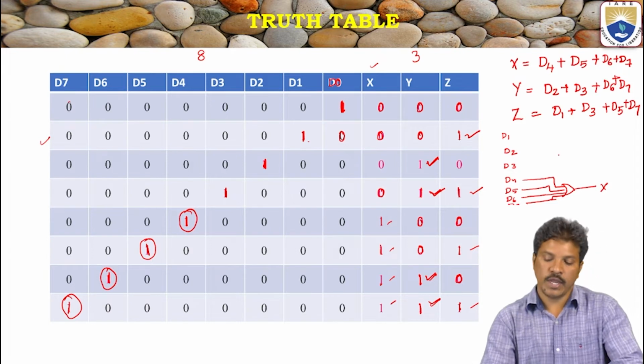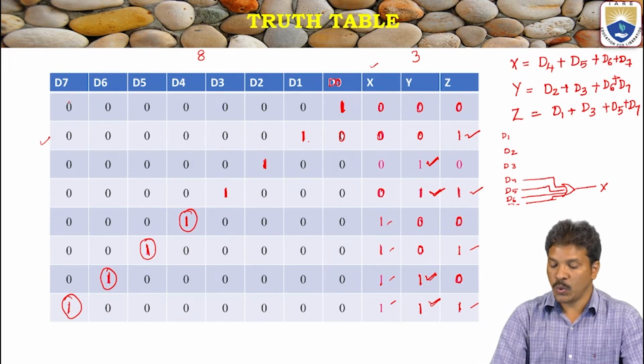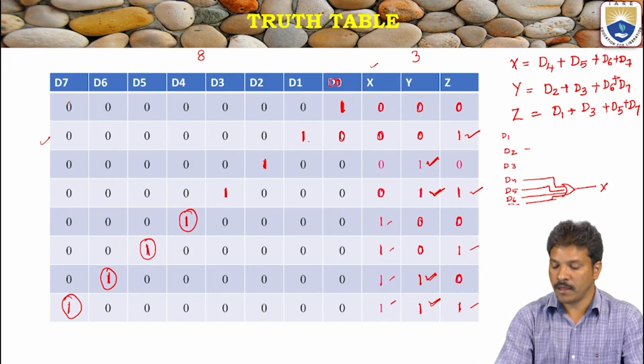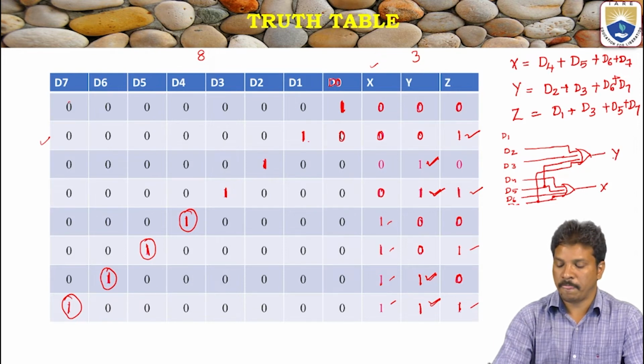D2, D3, D6, D7, that is 2, 3, 6, 7, go into another OR gate, represented by y.